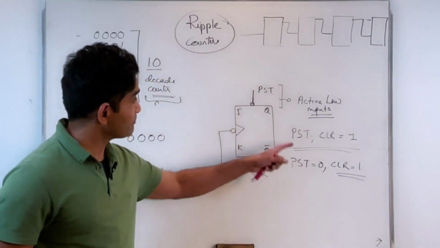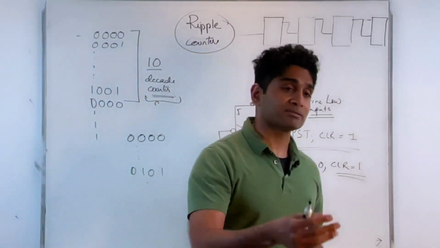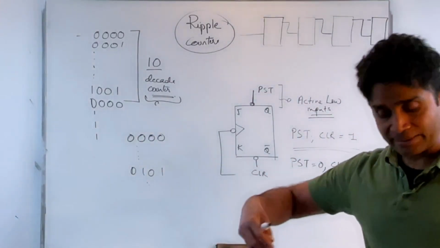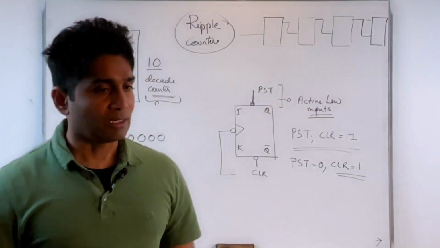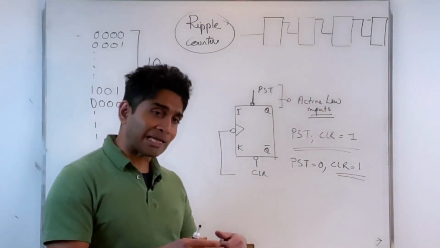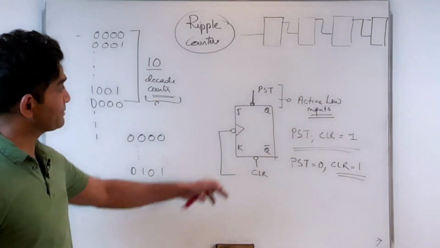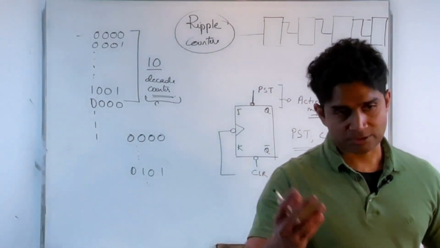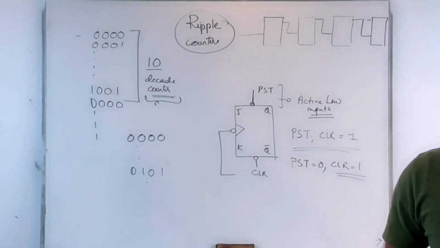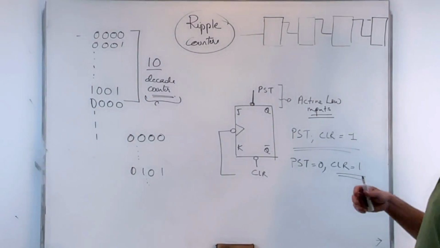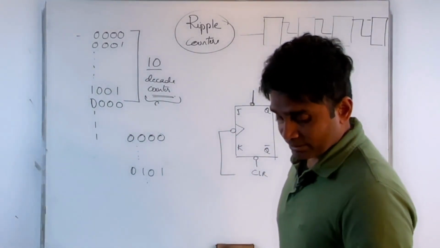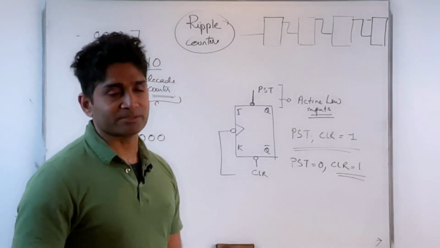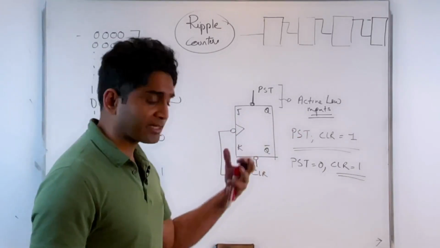My preset is 0, which means my preset is active. Then it takes precedence and forces the output Q to be a 1. And it can be done asynchronously with respect to the clock. In other words, it does not have to be timed with the clock. It can be done anytime. As soon as I place a value of 0 on my preset, it forces Q to be a 1. If I want this to operate as a normal JK flip-flop again, I will need to place a 1 on my preset. So this is how the preset and clear inputs work.